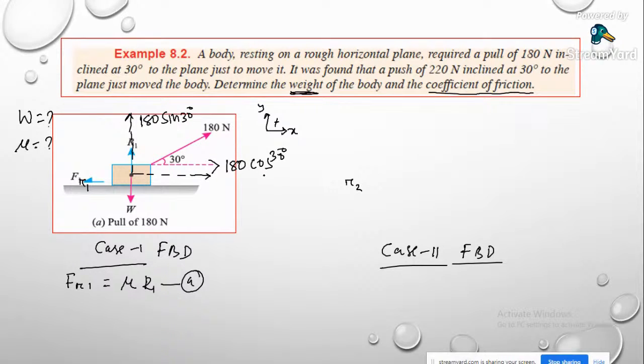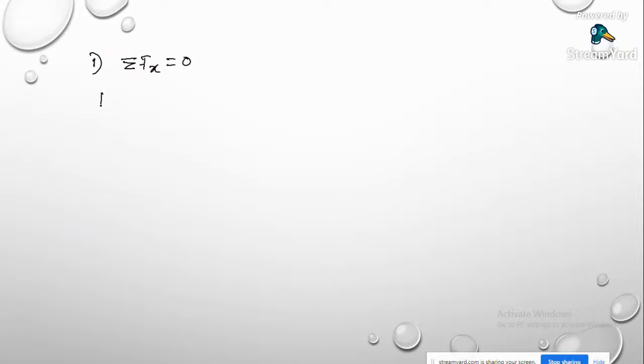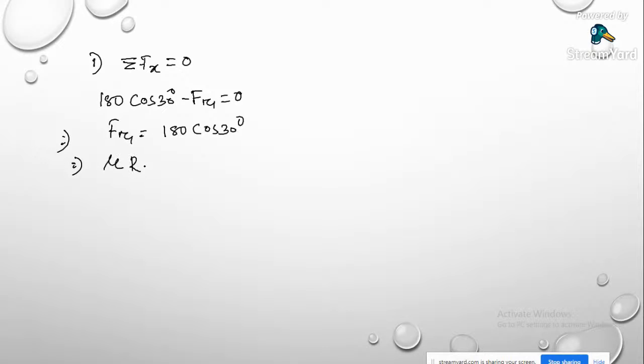So 180 cos 30 positive minus FR1 will be equal to 0. So from here FR1 will be equal to 180 cos 30 degree. FR1 we know is mu into R1, which will be equal to 180 cos 30 degree.